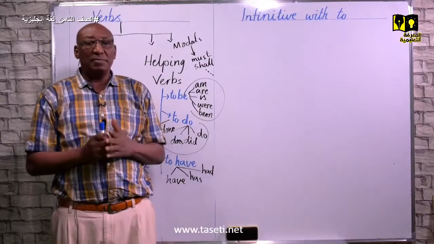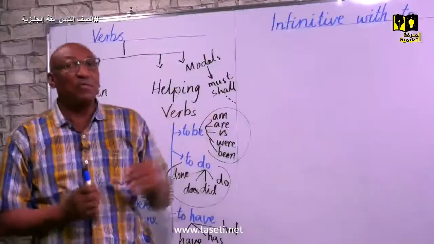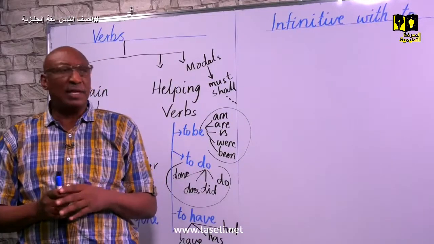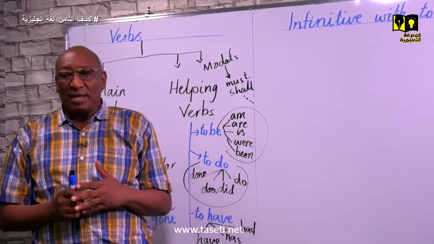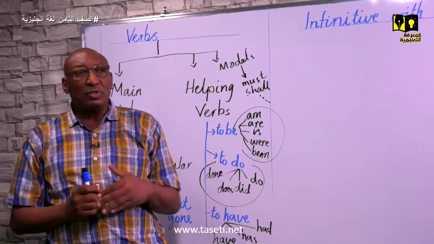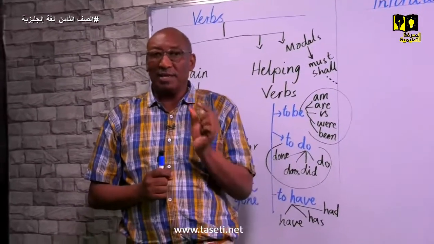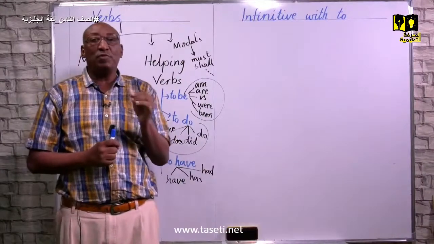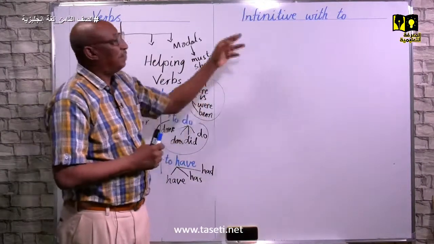When we find some certain verbs, we find the infinitive with to after them. For example, we say, next week I've decided to visit my uncle. Decided to visit. So the verb decide is one of the verbs that is followed by the infinitive with to.